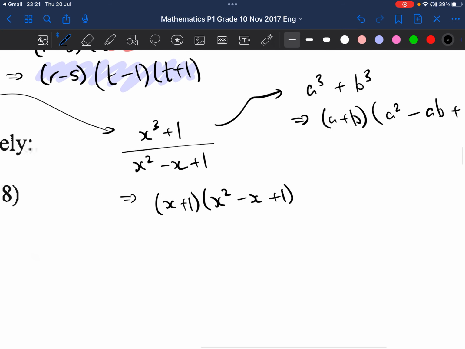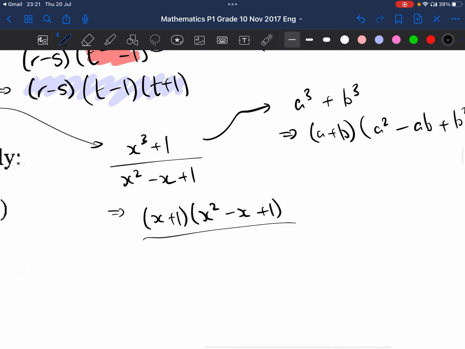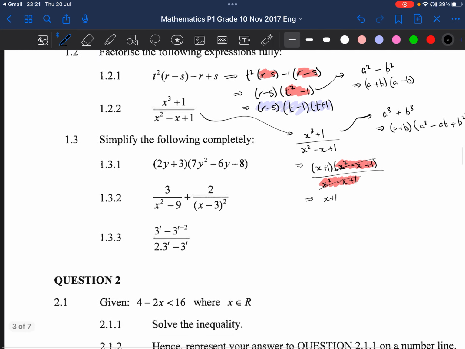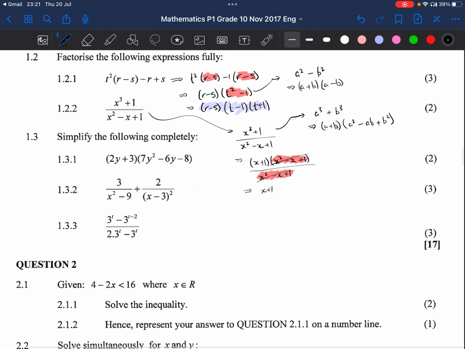Okay, so that's the general form of that, and then we applied it to this here. Now, if we take that there and divide it by our original x squared minus x plus 1, you can see now that we have some common things there, so we can cancel that out, right? And then we end up with x plus 1 as the final answer. Okay, let's look at question 1.3 now.